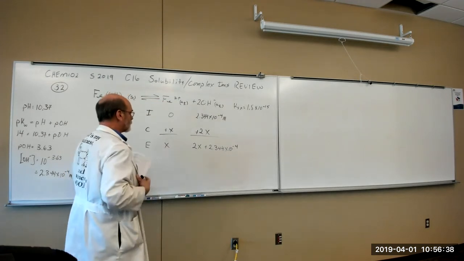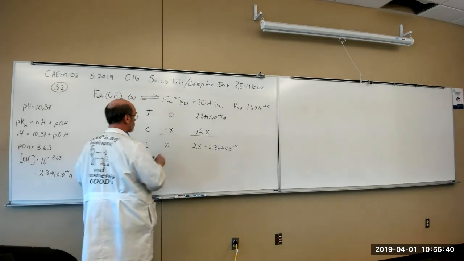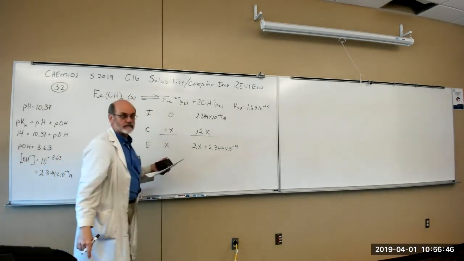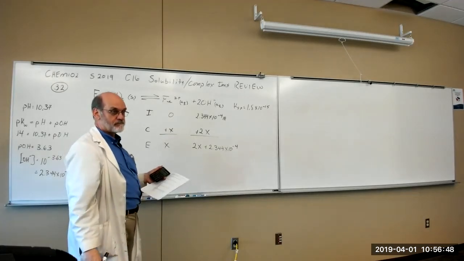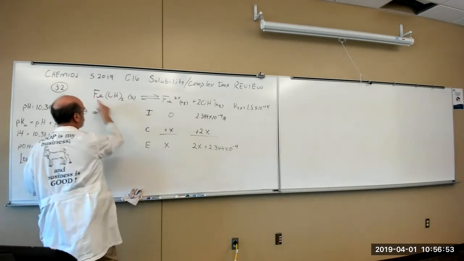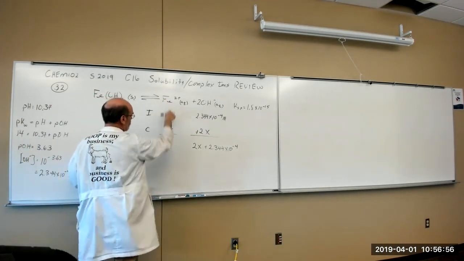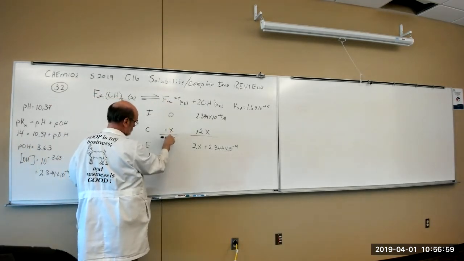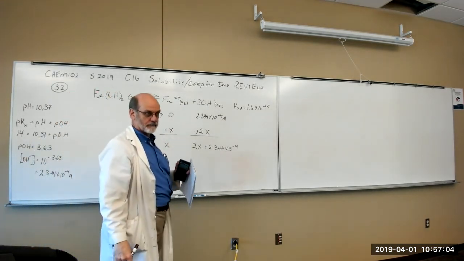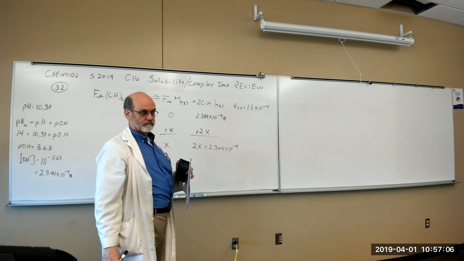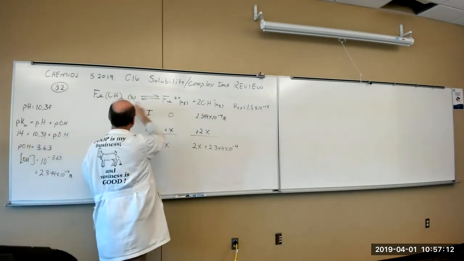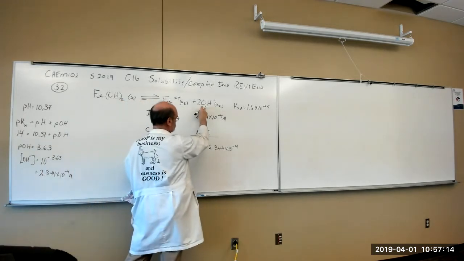So the question is, what's the solubility? Since this is 1-to-1, the solubility is X. X is the solubility of iron 2 hydroxide. Remember when we were doing those before? This has to be S because it's 1-to-1. This would be 2S.